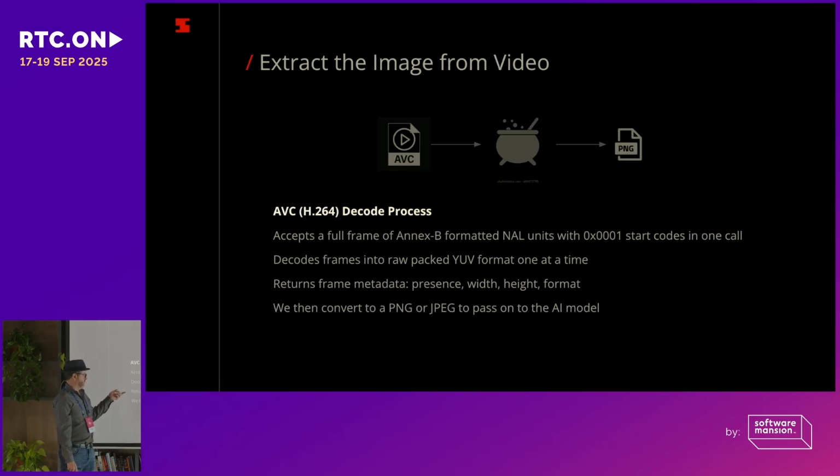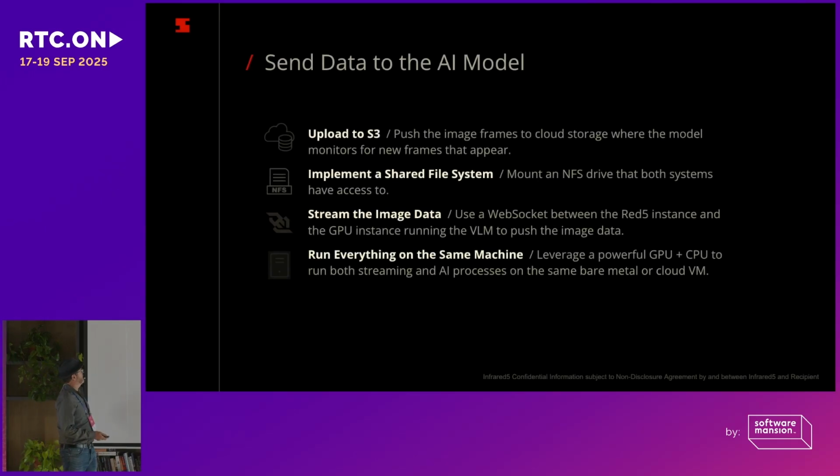We decode the frames into YUV, which sometimes we can actually skip the other bitmap format, but usually when you're transporting it, you want to compress it a bit, so we use like a PNG to compress it. And that's basically it for that step. And then we send the data to the AI model.